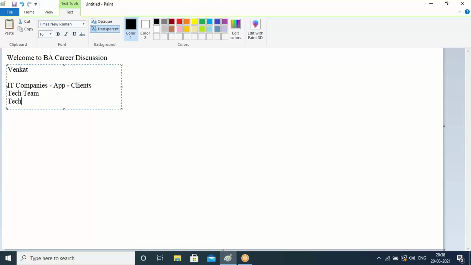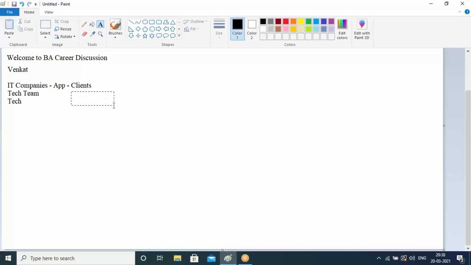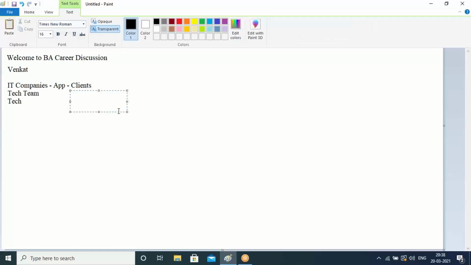Now, let us understand about the clients. Why do they need these applications? Clients will have a business and they run this business based on a business process, and this business is subject to market trends.